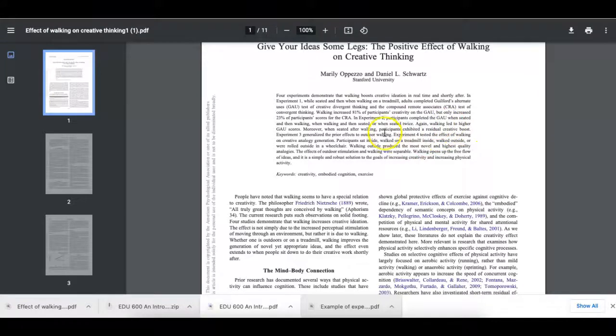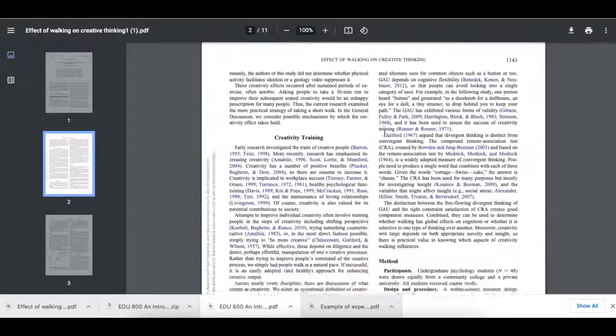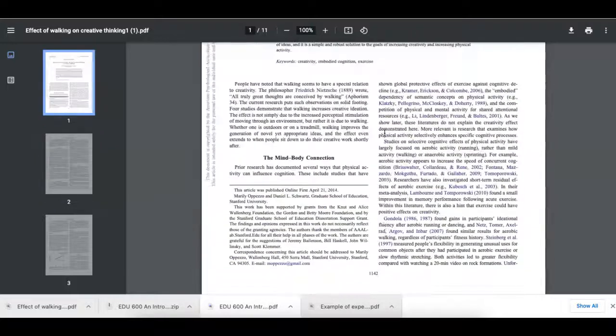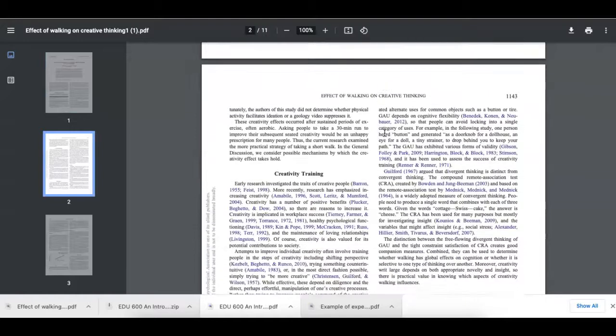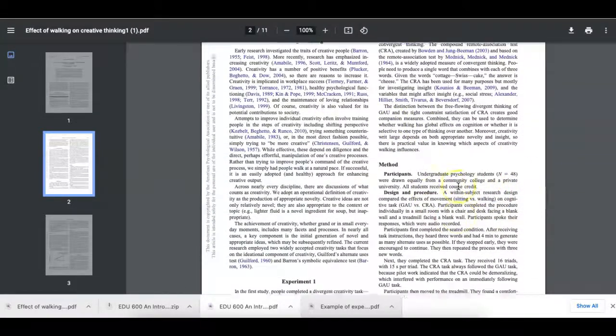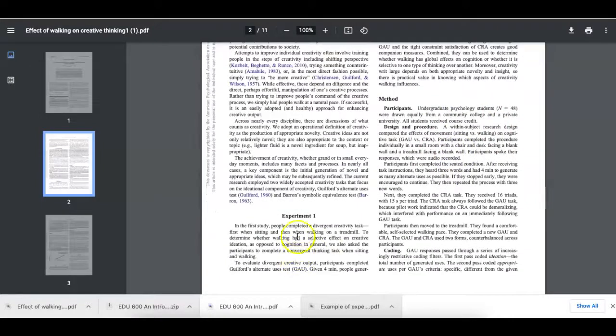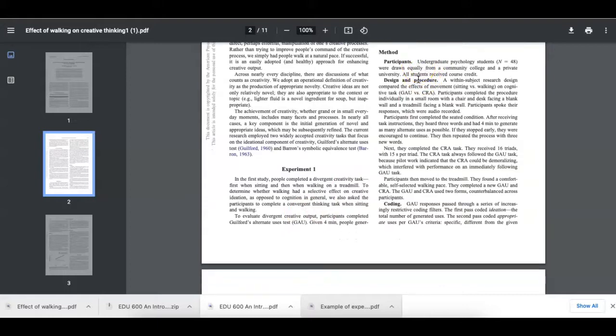So once again, the way this is set up, and the reason I picked this, was the author starts out with experiment number 1, and then he talks about experiment 1, as you can see here, starts here and then comes down here. And he starts the same way.